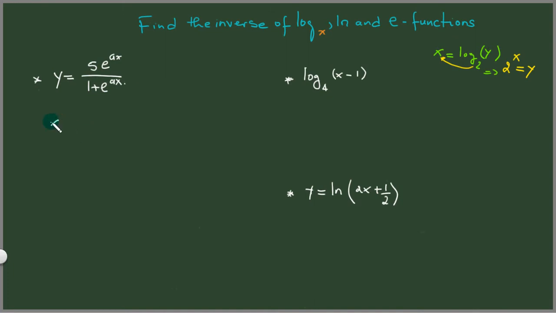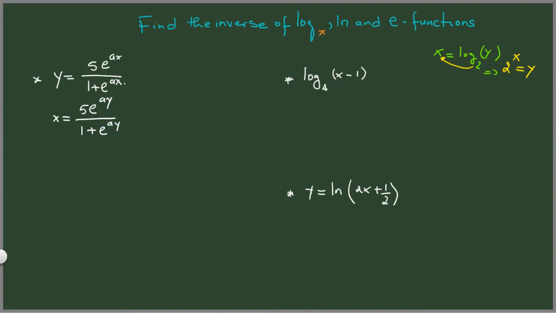We're going to have here x equals 5 e to the y, pardon, because we're switching now, over 1 plus e to the y. Okay, and now we can cross multiply.